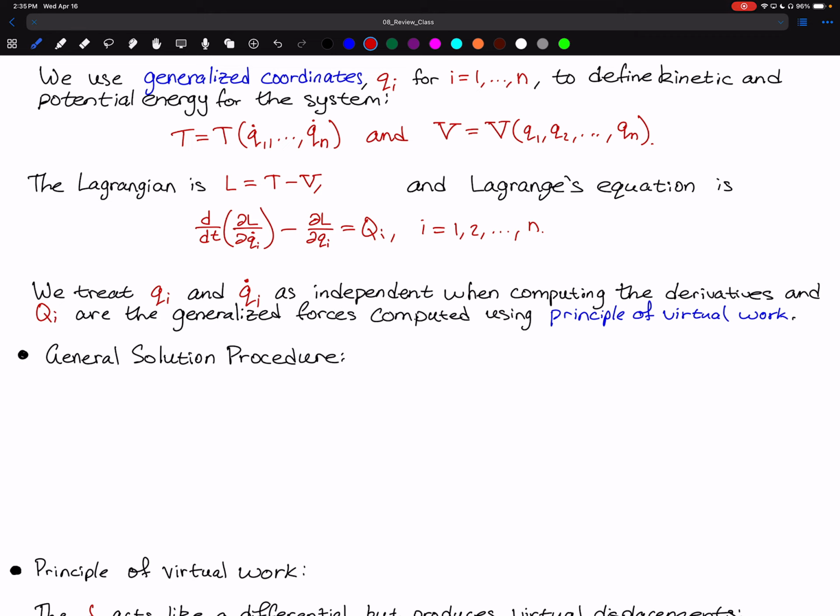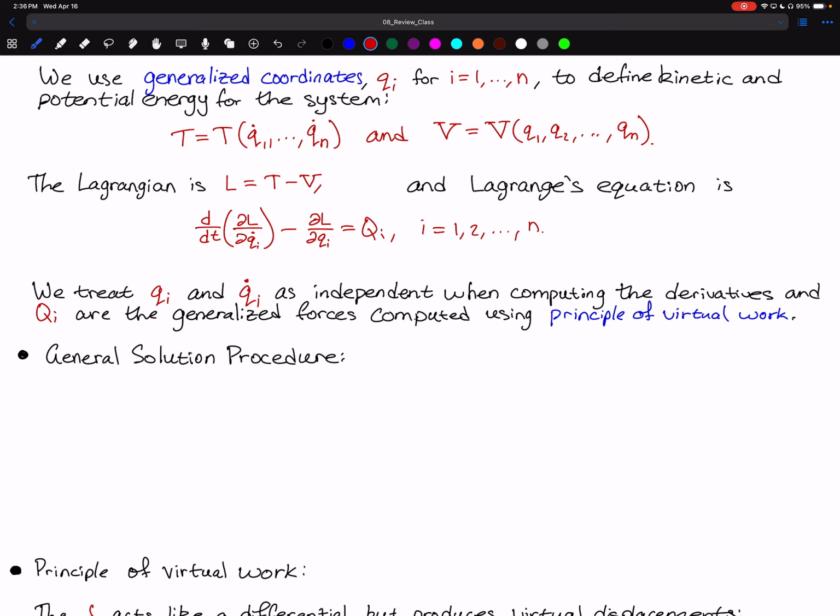All right, so when we compute Lagrange's equation or apply it, we are going to treat q sub i and q sub i dot as independent in computing these derivatives. And then this capital Q sub i is the generalized force, which we found using principle of virtual work, which we'll go over in a moment.